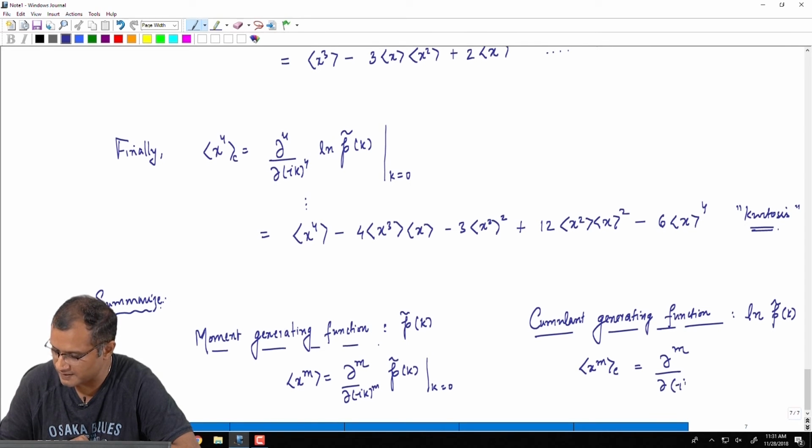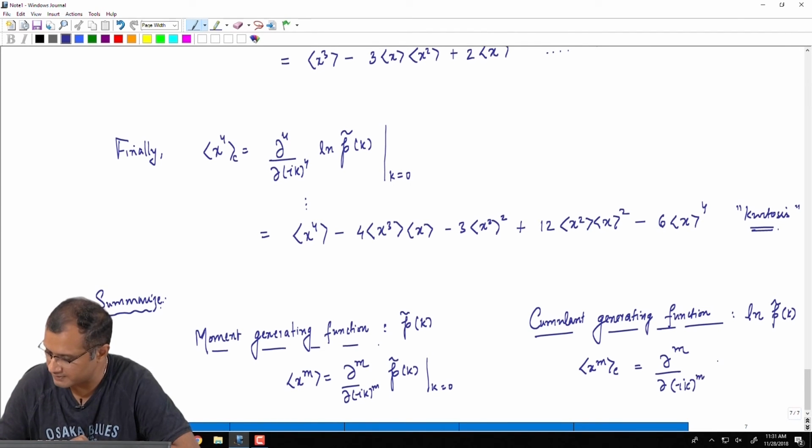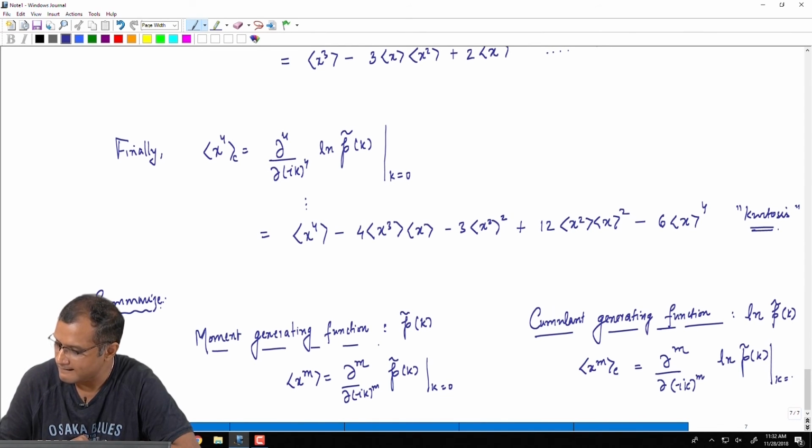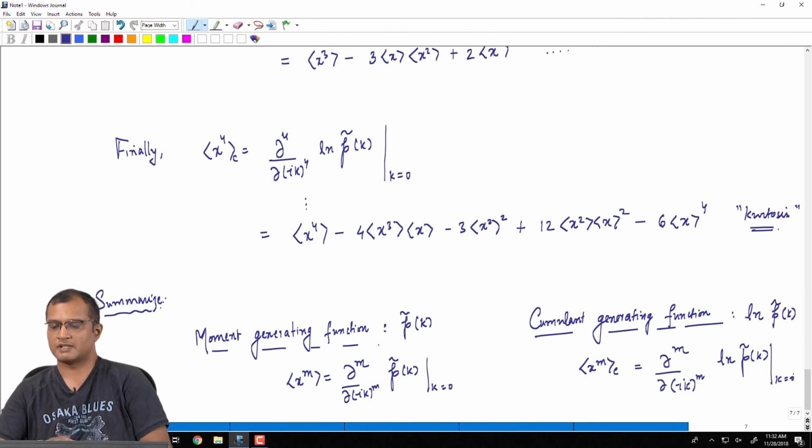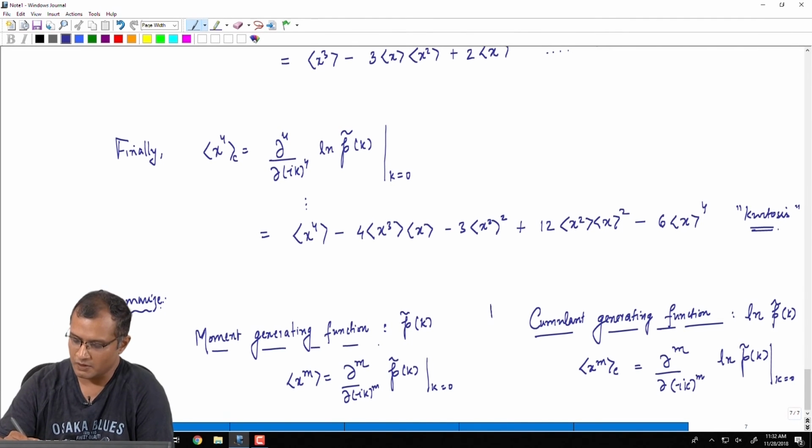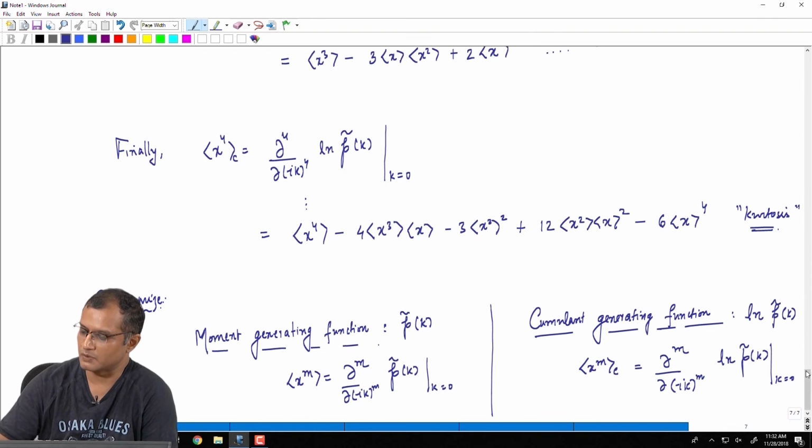So, it is in some sense symmetric in its application. Fine. So, this is the short summary of what we have learned so far.